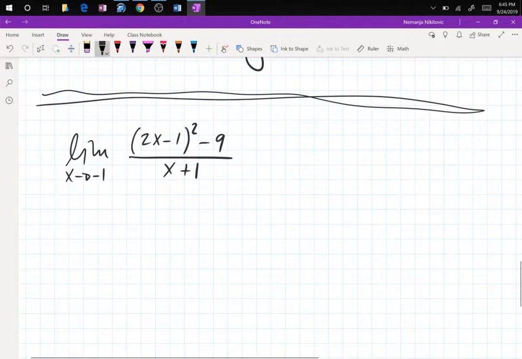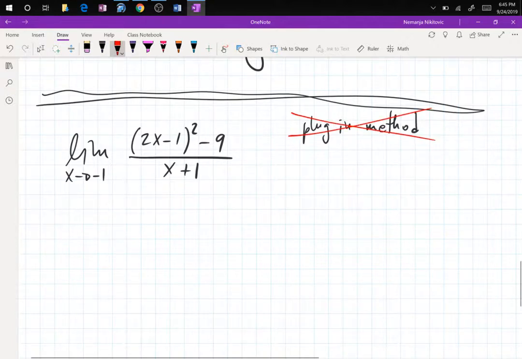We can't plug in over here, because when you plug in -1, we have 0 in the denominator. So, plug in method? No. Can't plug in. So what are my options? Well, I don't have many.